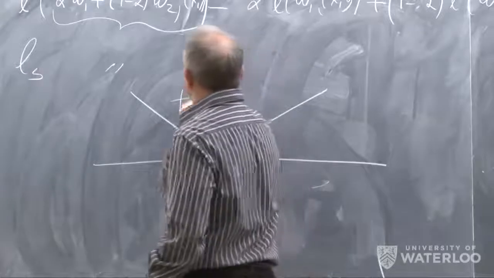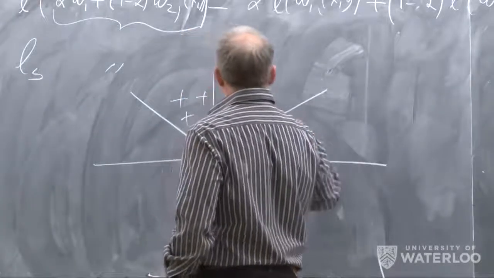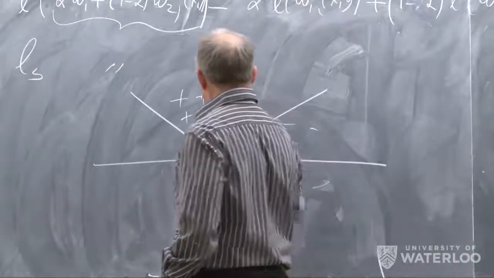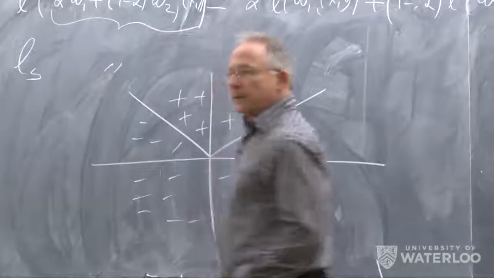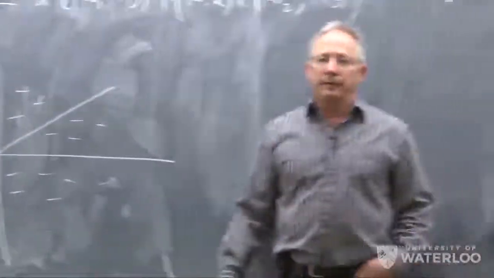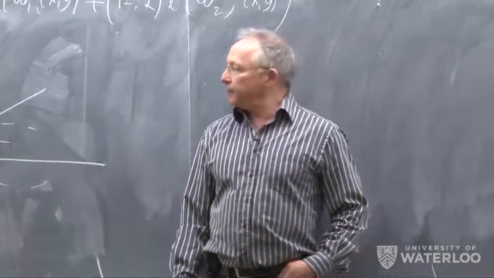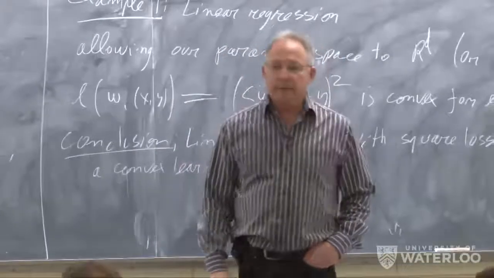Here I have positive points, and here I have negative points. This is my sample. What I drew here are the points and their labels. They are negative inside the pizza slice, and they are positive inside the pizza slice, and they are negative outside.